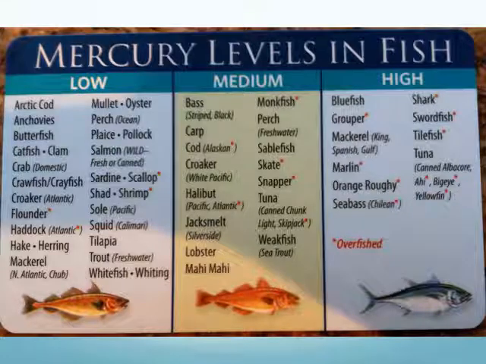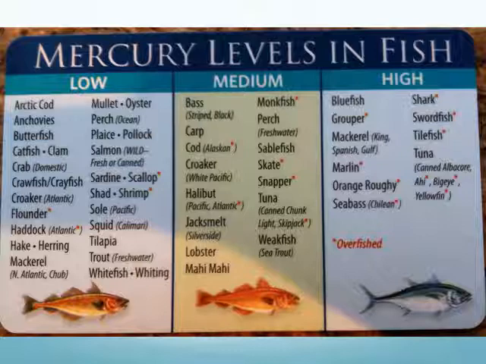All right, so on this slide right here is one of those handy little cheat sheet wallet cards that tells you which marine organisms are safe to eat and which ones you should limit the amount of fish you eat. Everything within that low category has very low levels of mercury.